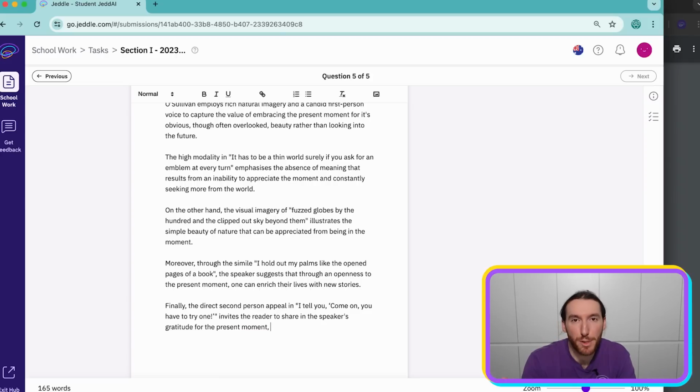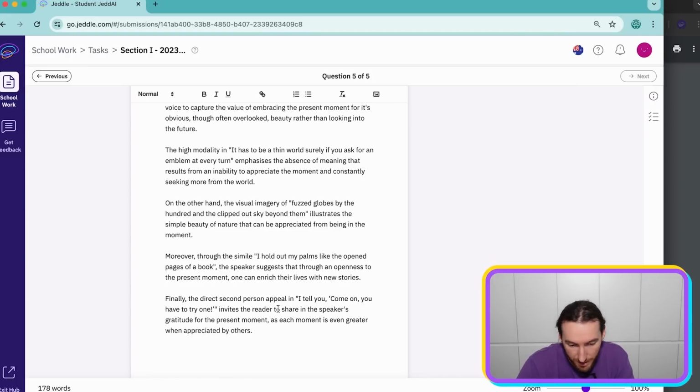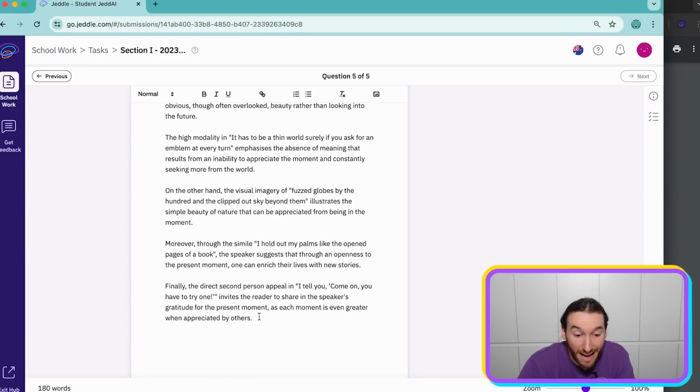Now I need to give some specific insight here. I guess each moment is better when it's shared with others, right? Invites the reader to share in the speaker's gratitude for the present moment, as each moment is even greater when appreciated by others, okay? Basically saying a similar thing, but that works.